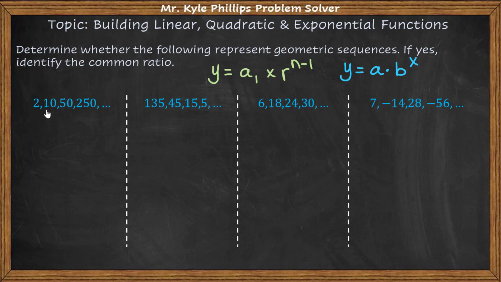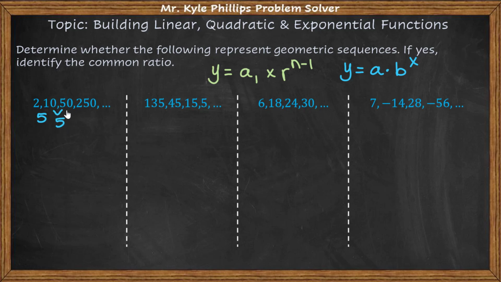So we want to determine if this sequence is a geometric sequence. Well, the way I determine that is that there must be a common ratio. I must be multiplying by the same number every time. So let's see, what did I multiply 2 by to get 10? Okay, well that looks like 5. Did I multiply 10 by 5 to get the next term in the sequence? Yes, I did.